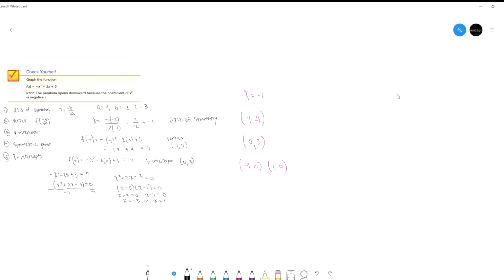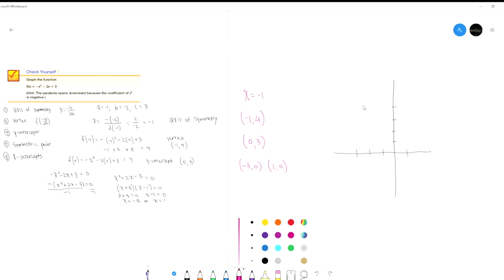So I'm going to draw a vertical line like that, and then I have, there you go. So I have 1, 0 there, -1, -2, -3, 0, and 1, 2, 3, 4. Okay, let's plot some points.